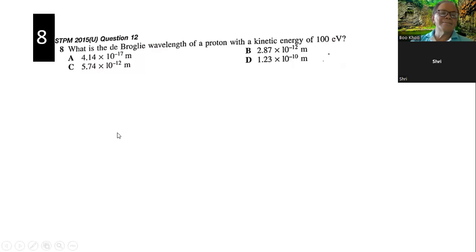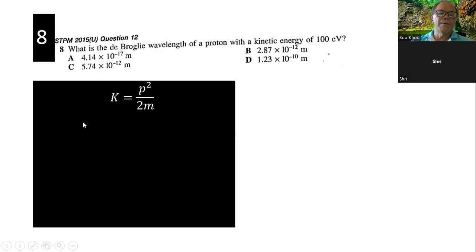One over 2 mv square equals the kinetic energy. Right? Either you memorize that kinetic energy is related to momentum or derive it. Doesn't take a lot of time. Then your momentum. Right? The de Broglie wavelength depends on momentum. So that's why we are calculating momentum.